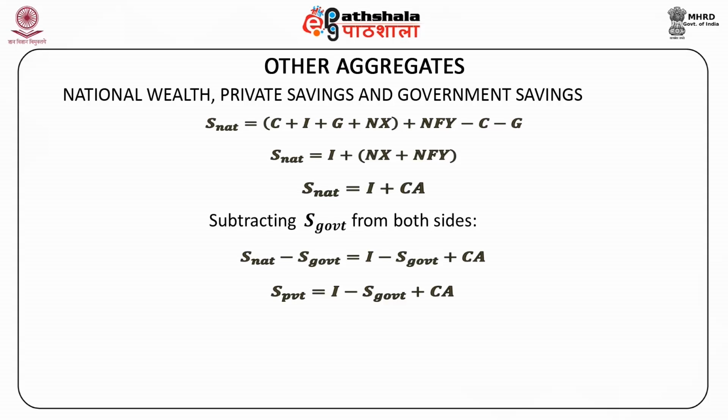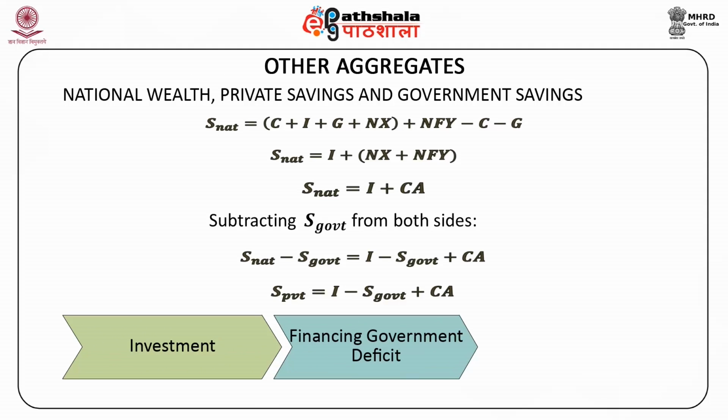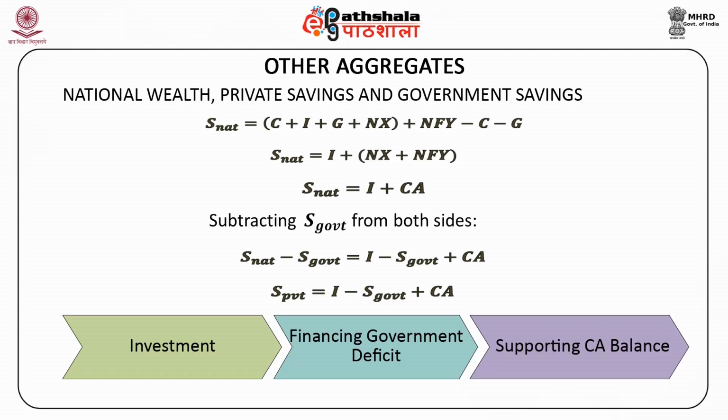This equation shows us the uses of the savings identity. This identity suggests that the savings in an economy can be used in three ways. First is investment, second, for financing the government deficit, and third, for supporting the current account balance.